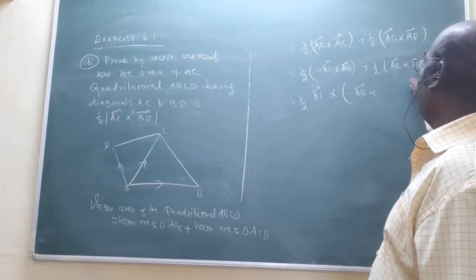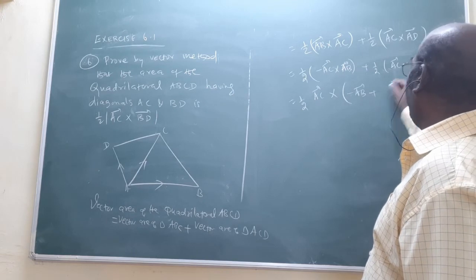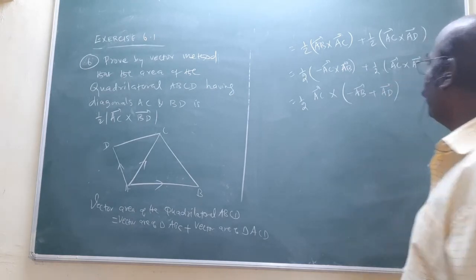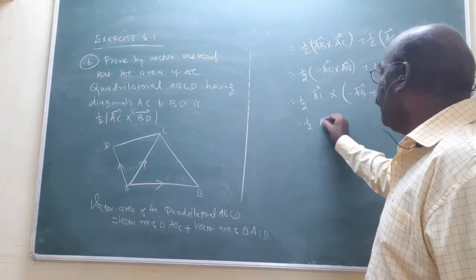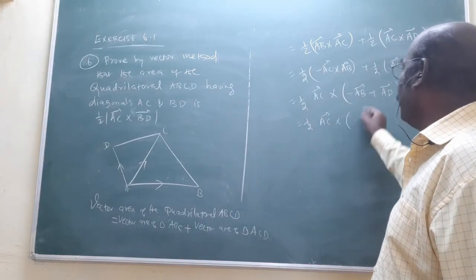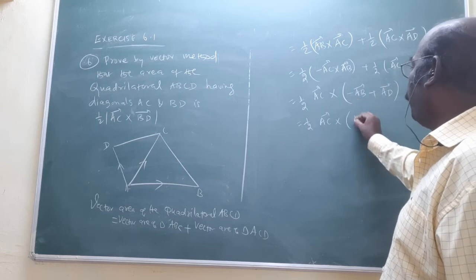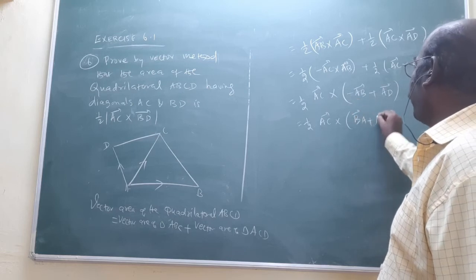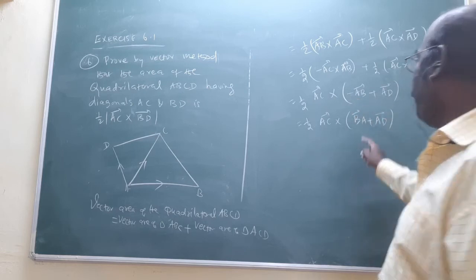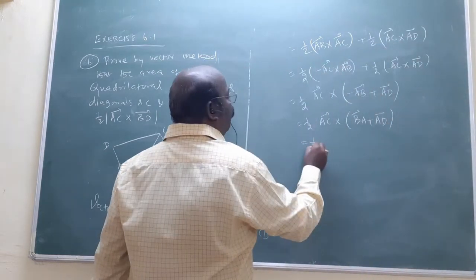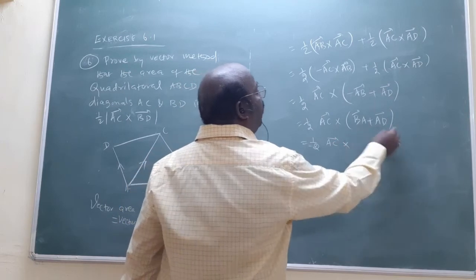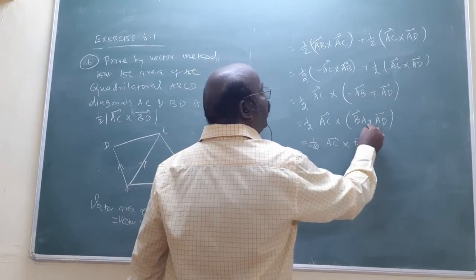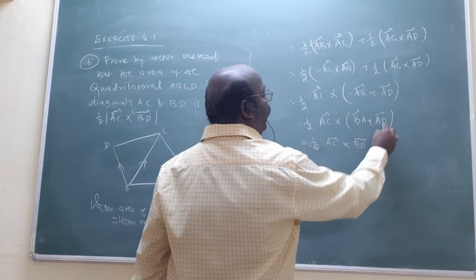Half AC is common, cross product of minus AB here, and this one is the AD vector. This can be written as half with AC vector cross, interchanging negative and positive, BA vector plus AD vector. Now BA plus AD is vector addition. Cross BD vector. B to A plus A to D means total BD.